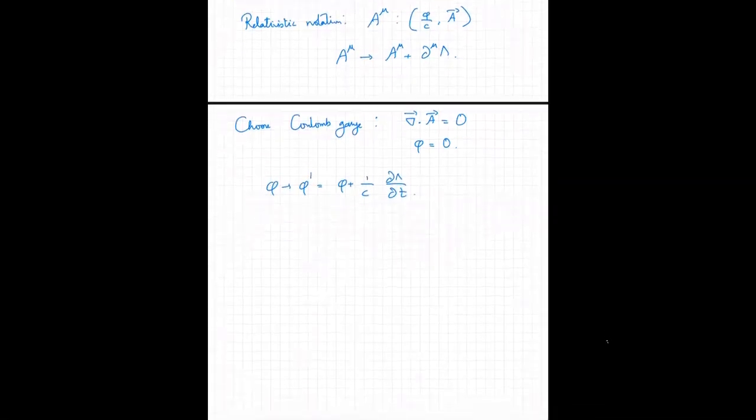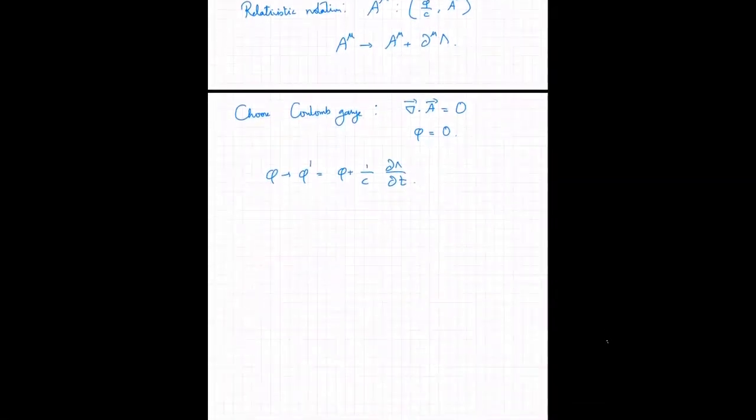Now, if I want this phi prime to be equal to 0, then I better choose my lambda as some integral from minus infinity to t of phi of r, t prime dt prime. Okay, if I choose it this particular way, then you can easily see that my phi prime will be equal to 0.